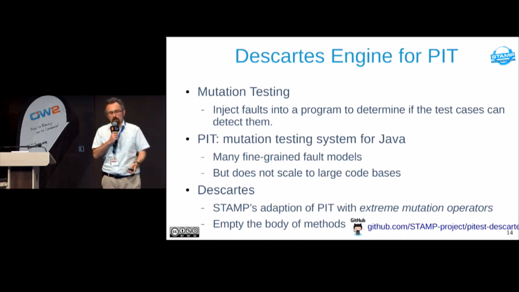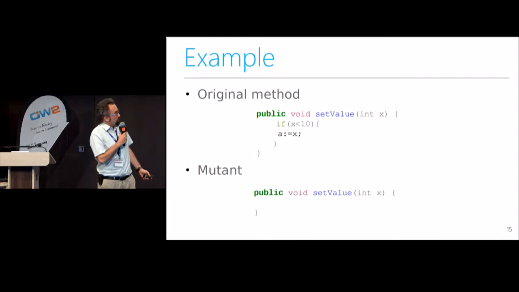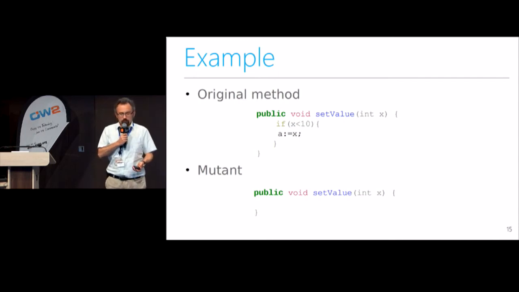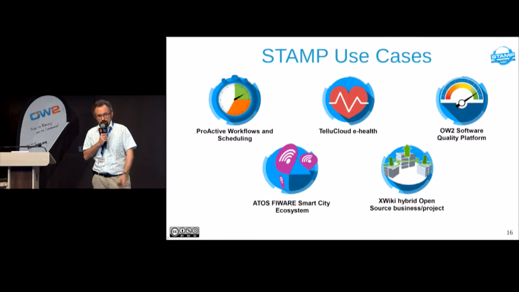So Descartes is an adaptation of Pit with extreme mutation operators. It simply empties the body of methods. If the method has a return value, it returns a constant with Pit Descartes.